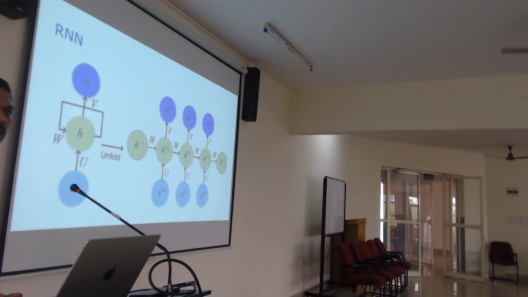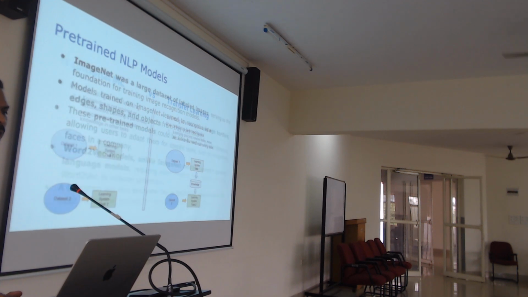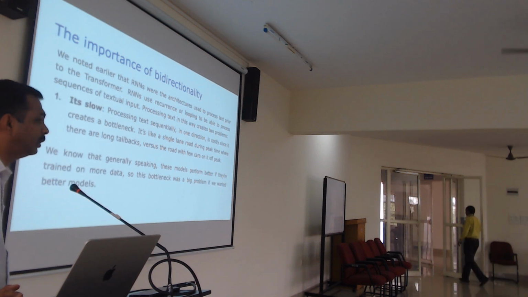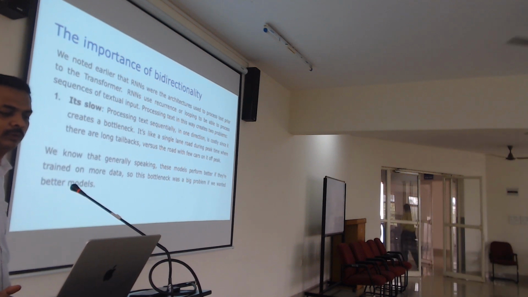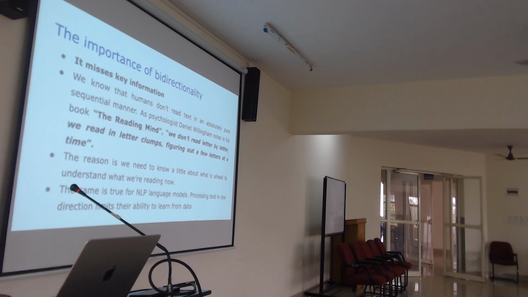The output of one is required to act as the input for the next stage, right? It is a slower process. The importance of bidirectionality is that processing text sequentially in one direction is very costly. It is slow. That's why BERT deals with bidirectional.